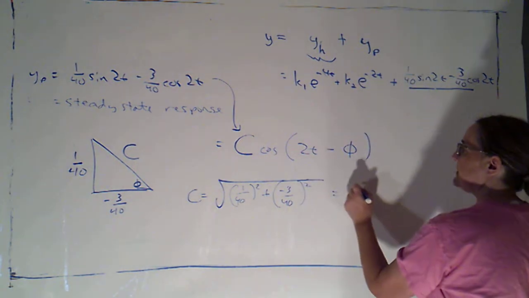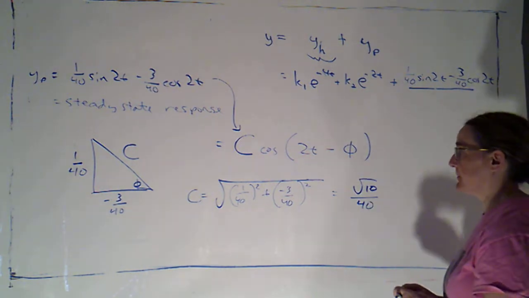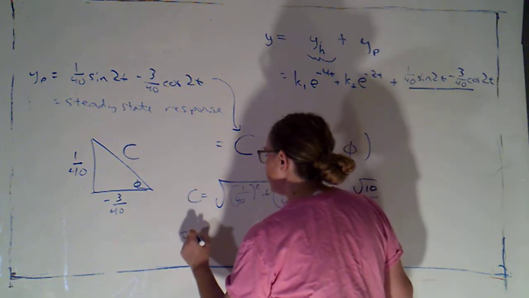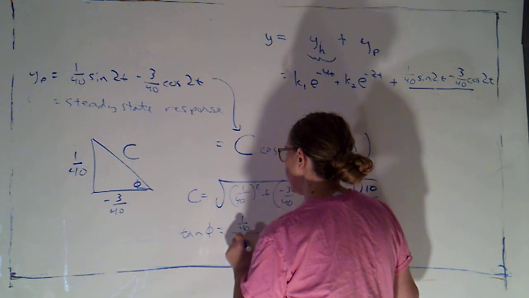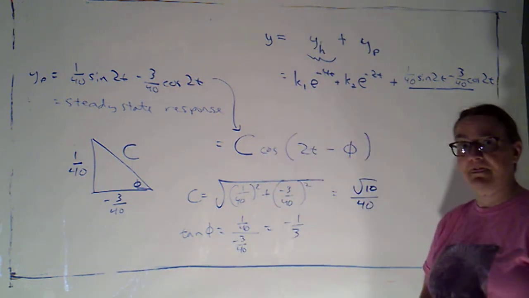That's going to be the square root of 10 over 40. Now for phi, what I can see is that tangent of phi is going to be 1/40 over negative 3/40, and that simplifies to just negative 1/3.